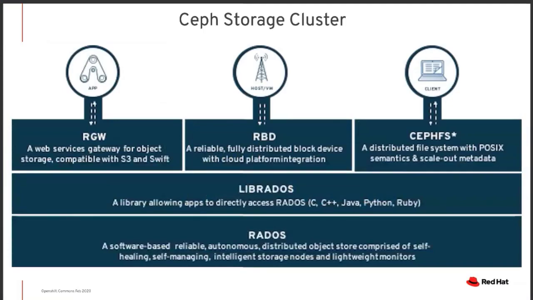And how is it composed? Well, let's start at the bottom of the screen. There's RADOS. RADOS stands for Reliable Autonomous Distributed Object Store. This means that it's actually an object storage system on the internals. In order to be able to access RADOS, to access this reliable object store, you need a library, and this library is a lib to connect to RADOS, and therefore LibRADOS.